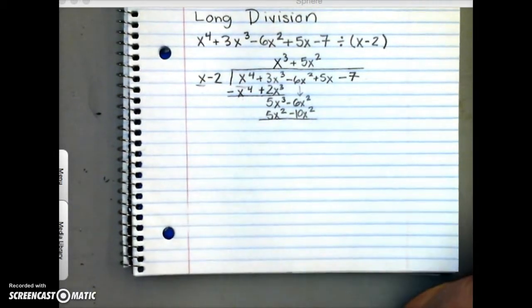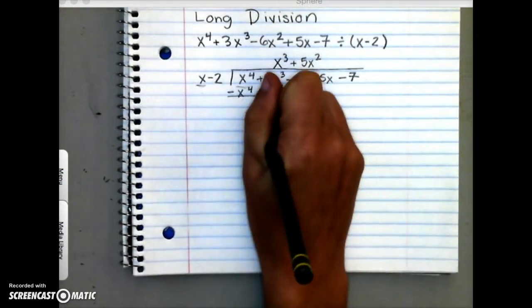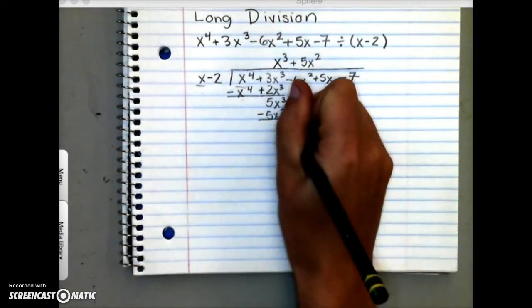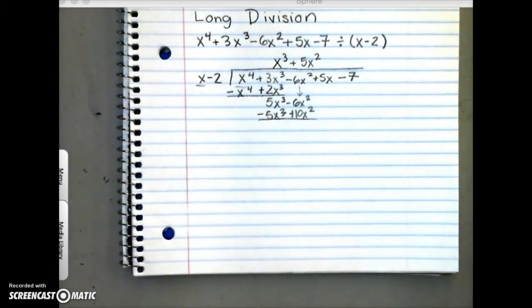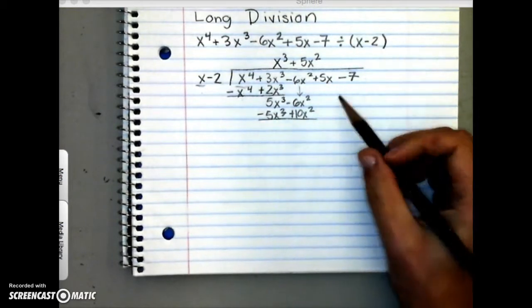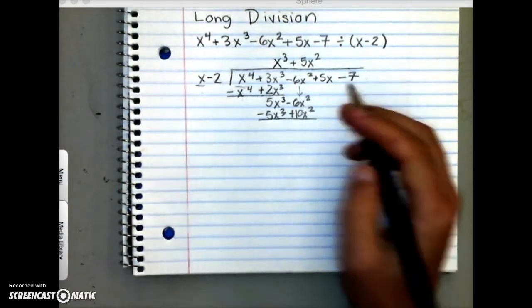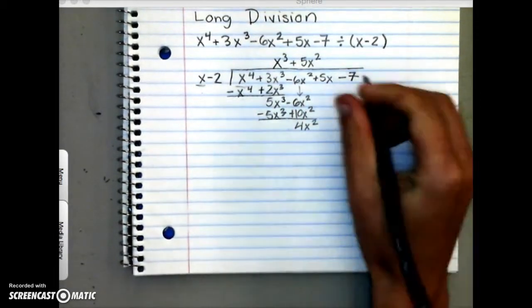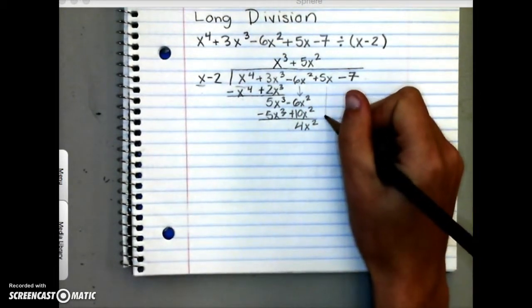And then we go through and we change the signs. Subtract this one. We're adding this one. Our 5x cubes cancel out, and we're left with 4x squared. Bring down the 5x.